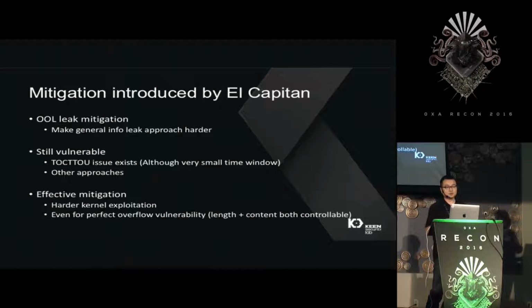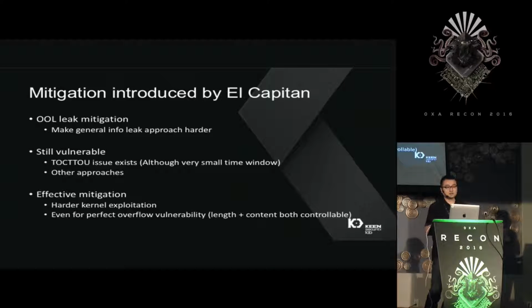If you fail to win the race and get some instructions to execute in another thread in between, then you will receive a panic, which is not very reliable. So such a mitigation makes it harder to exploit the kernel, especially if you don't have a separate info leak vulnerability.